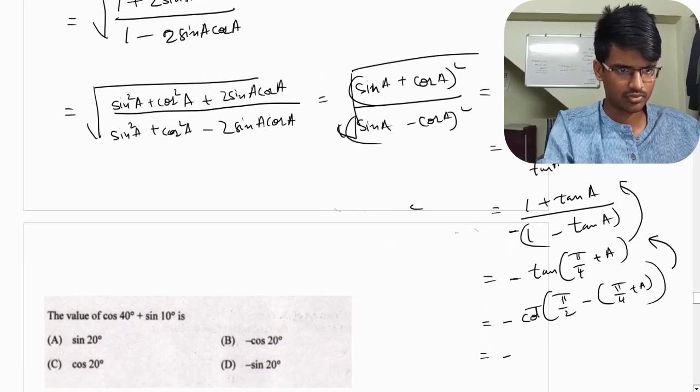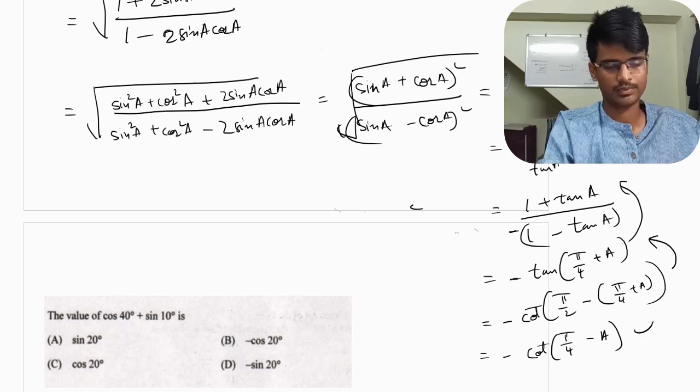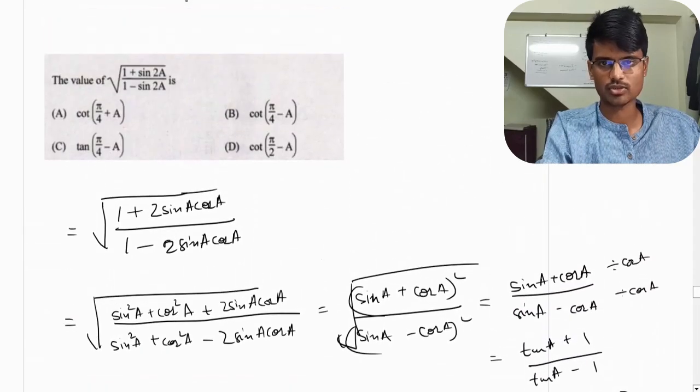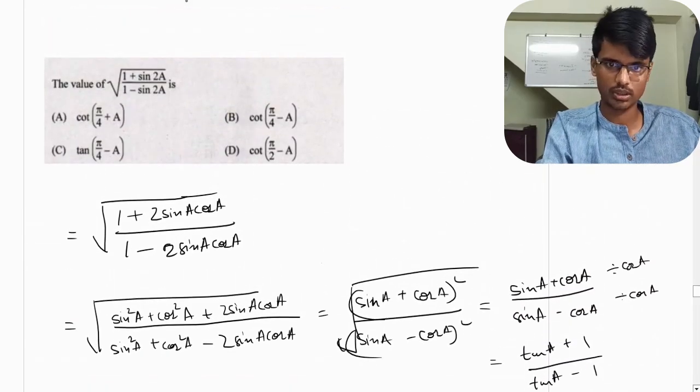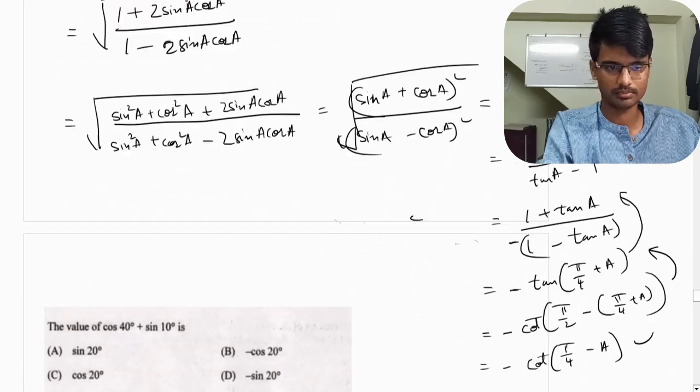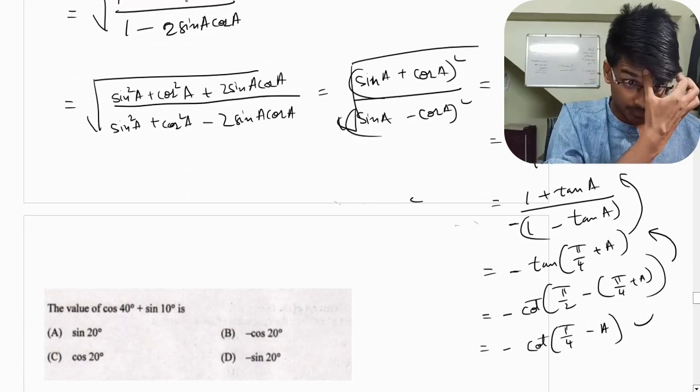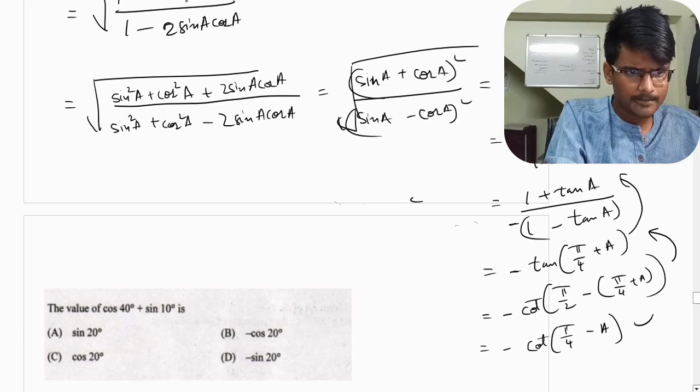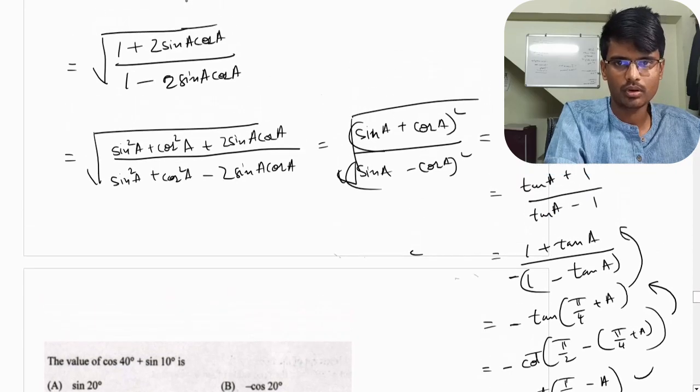So pi by 2 minus pi by 4 gives cot of pi by 4 minus A, so I got minus cot of pi by 4 plus A. Even that is not the correct answer. How come? Let me check.